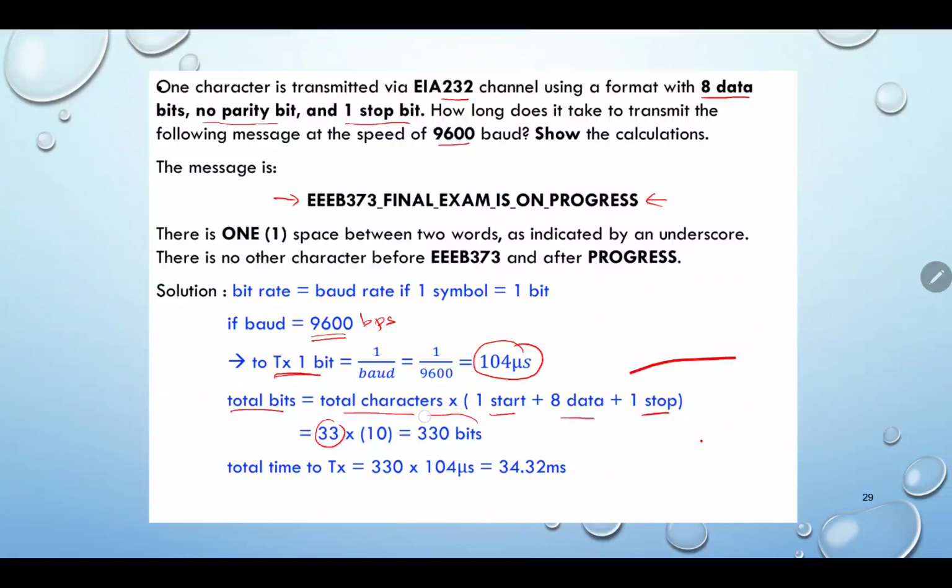So in total you have 330 bits for all these characters. Because you've already calculated how long it takes to transmit one bit, you just need to multiply and then you'll get the answer. So the total time to transmit this entire message is 34.32 milliseconds. Okay, so we'll end here at this chapter.